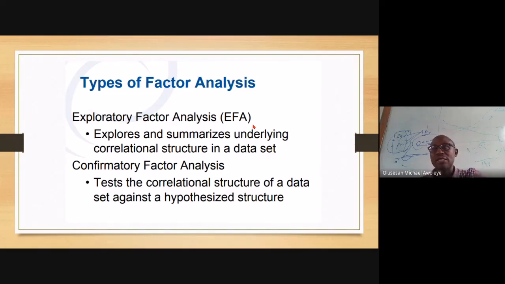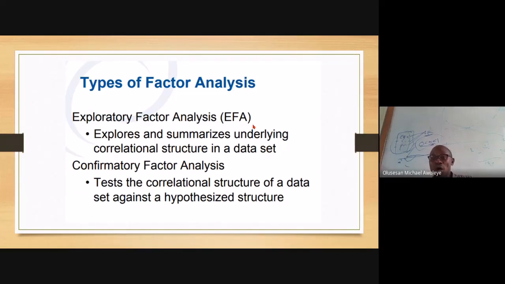Don't worry about the big grammar. Initially, you will have hypothesized from your conceptual model what you want your work to achieve. This is what we are assuming, which you want to test with your data. And what is that assumption? I think you must have learned about hypothesis formulation. Fantastic.